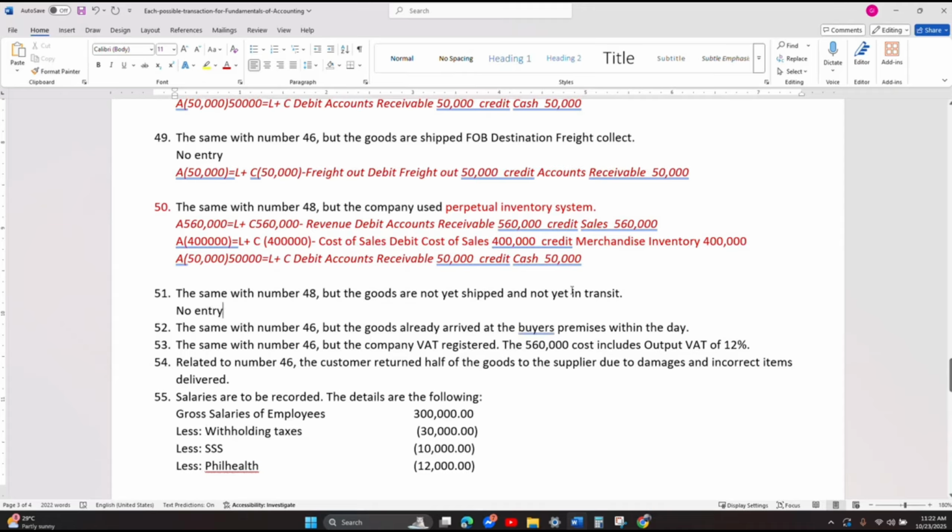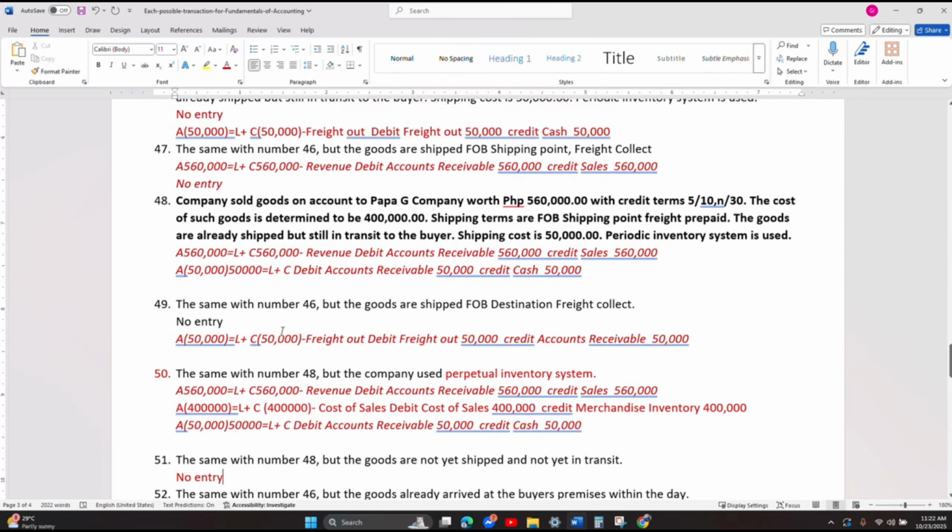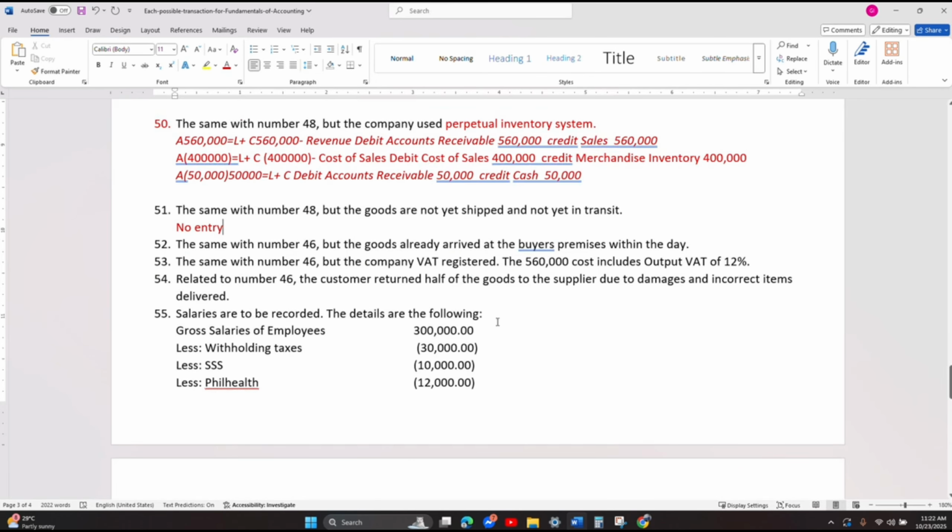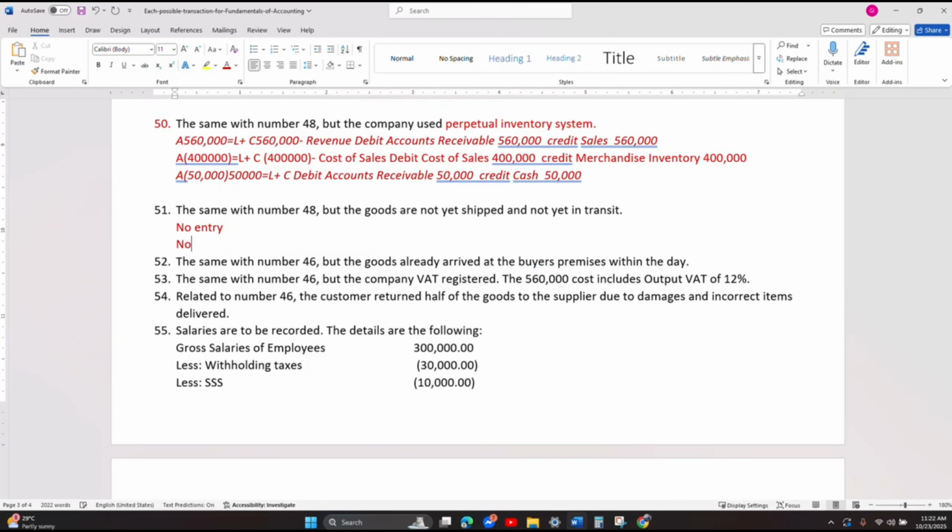There is no accounts receivable, no credit sales. And as to the freight, it is said here that there is freight prepaid, so you have already paid for the freight. But since it's not yet shipped, meaning you have not paid. Alright? Okay. So that's for number 51.